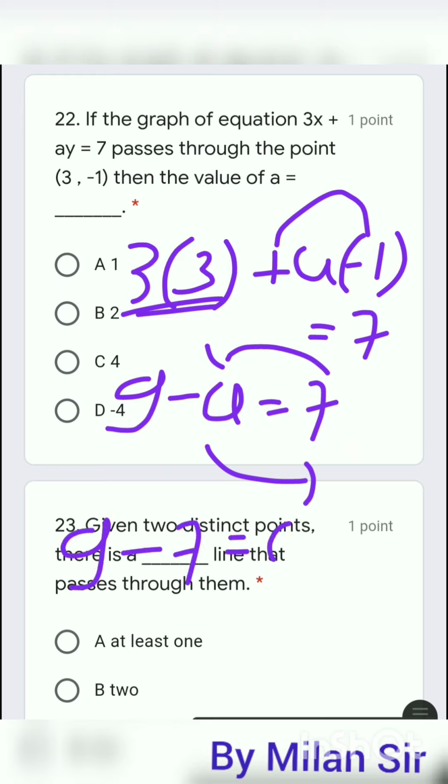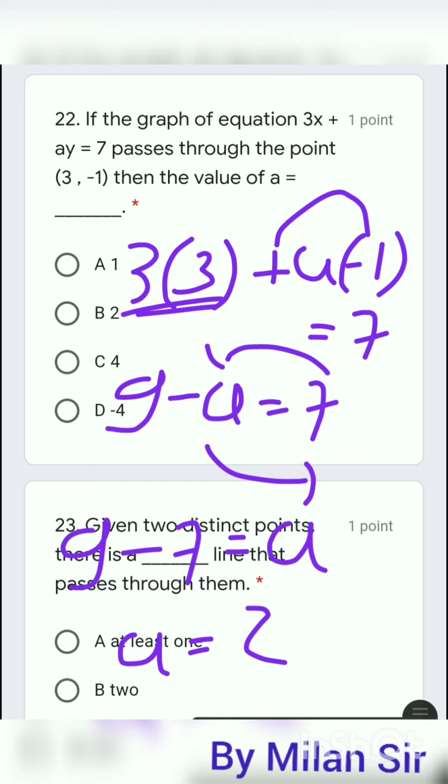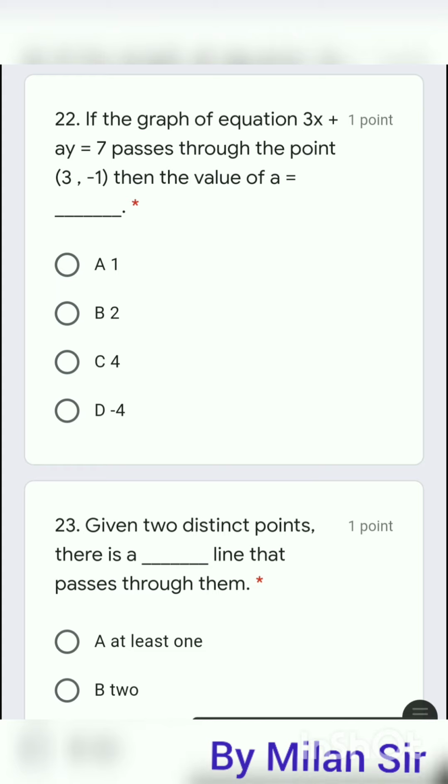So a = 9 - 7 = 2. So here our answer is a = 2. So option B is the correct answer for the value of a.